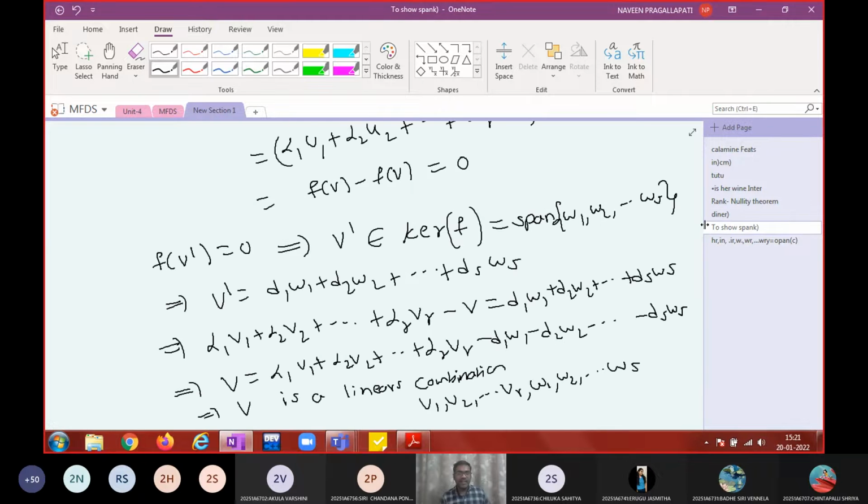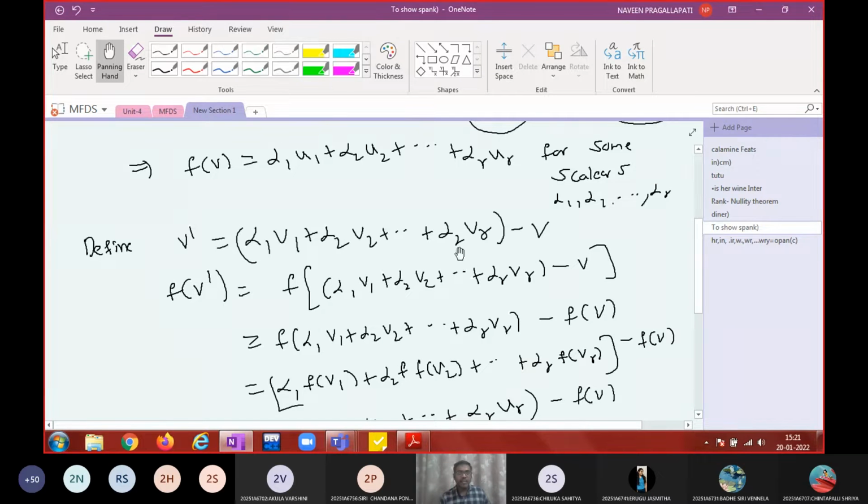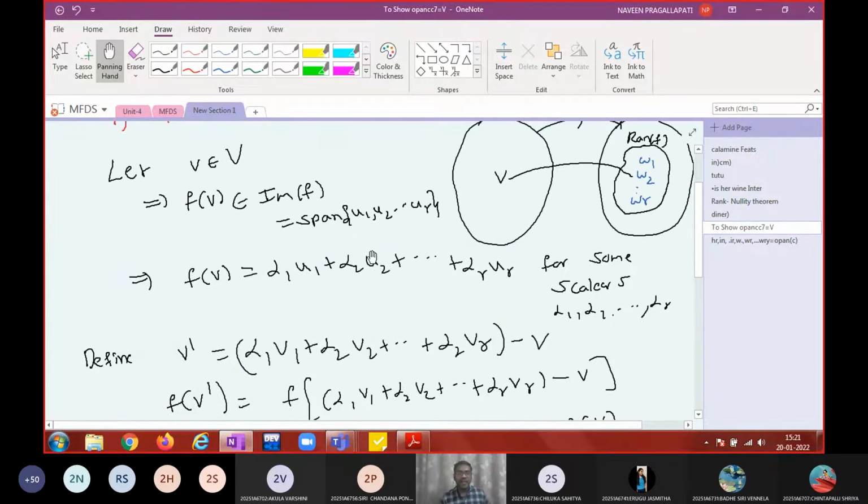So where is the trick? The trick lies here. We formed a vector like this, v dash equal to a linear combination of a set of vectors minus v. What are the set of vectors? Pre-images of u1, u2 and ur. Okay, what are u1, u2, ur?